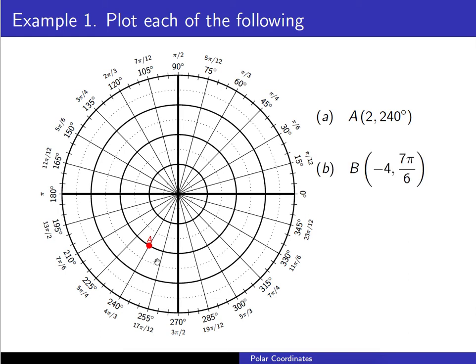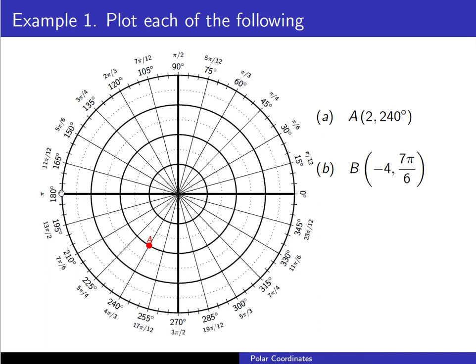Part B, we have -4 and 7 pi over 6. We start by going 4 solid rings to the left, because the value of r is negative. Then for 7 pi over 6, we rotate that many radians to the left, since it is a positive angle. Now 7 pi over 6 is 210 degrees, and I have the conversions here for you as well.